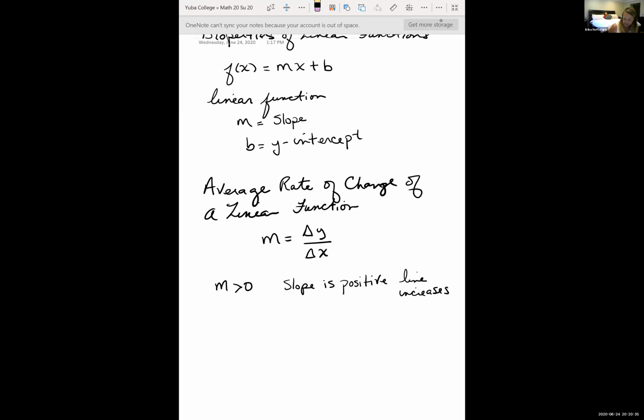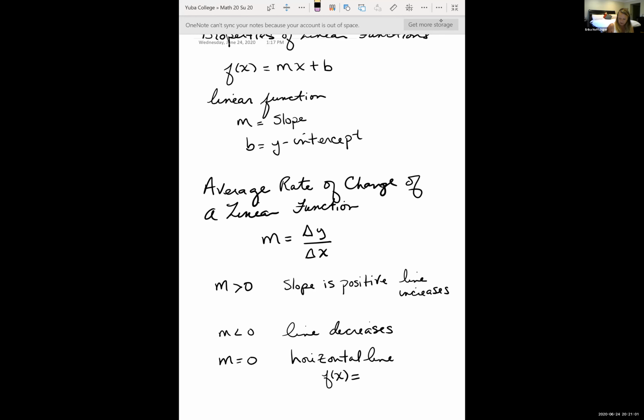If our slope is less than 0, then the line decreases. And if it's equal to 0, it's a horizontal line.